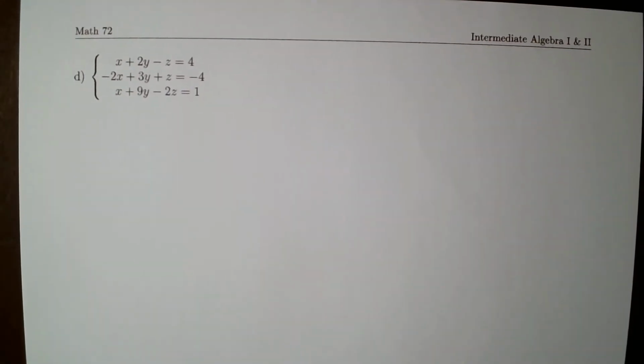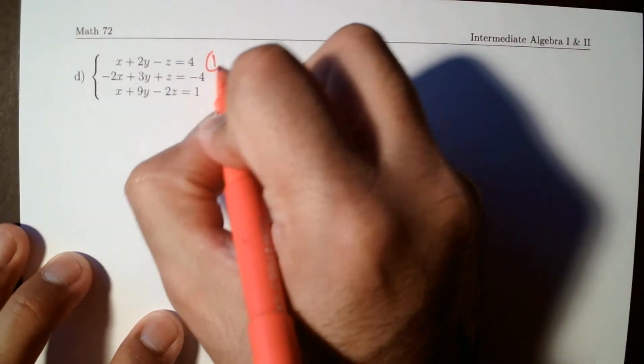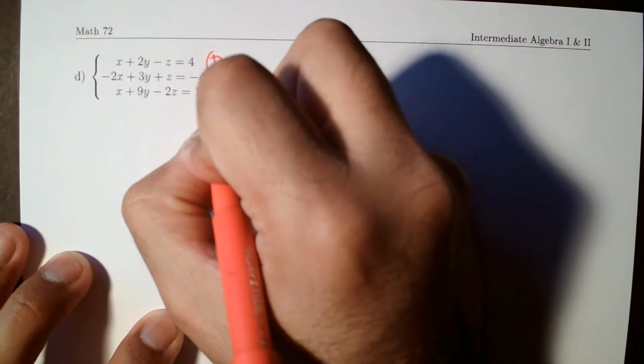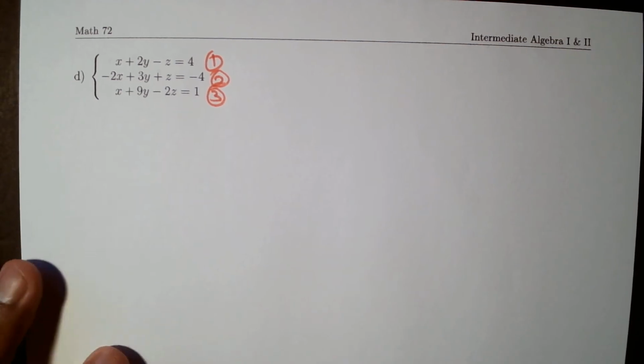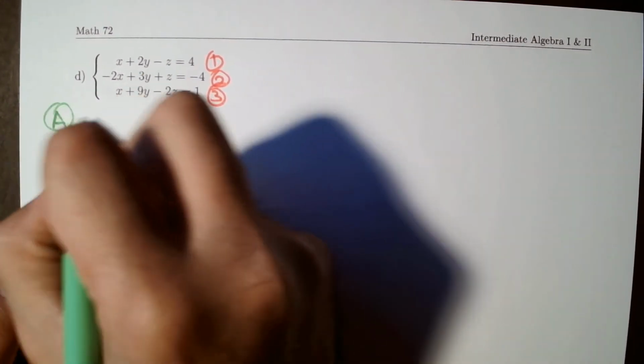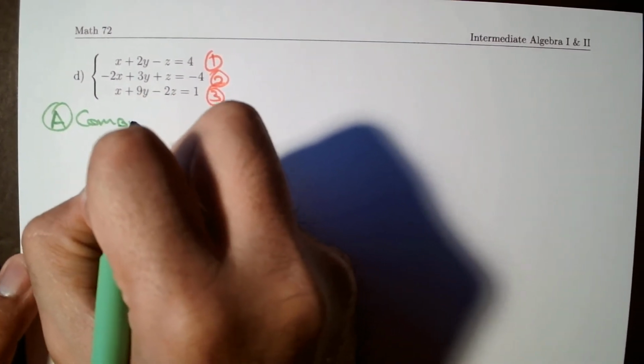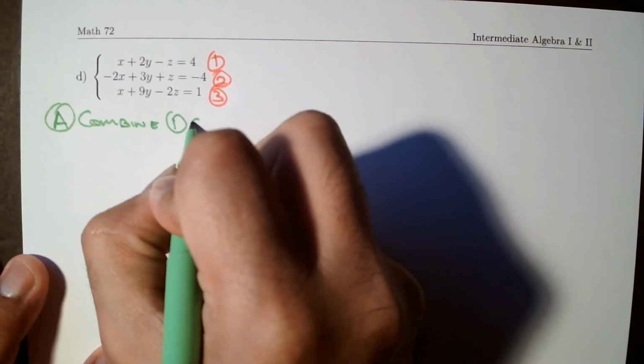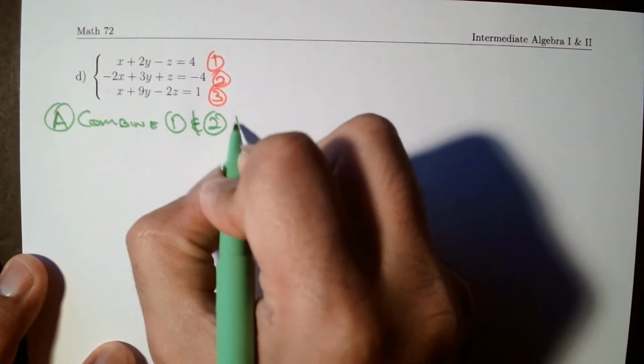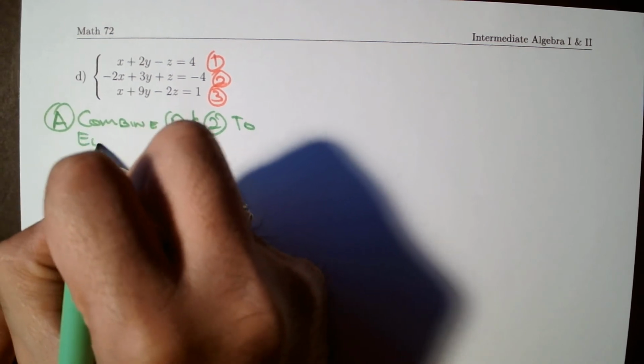Well, so let's do the usual label 1, 2, and 3. Part A, combine 1 and 2 to eliminate x.